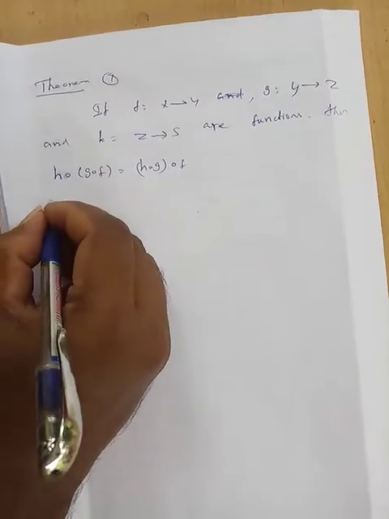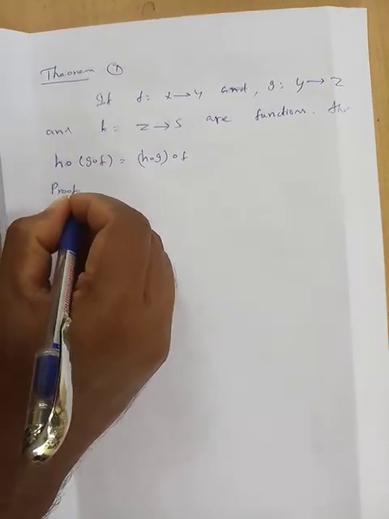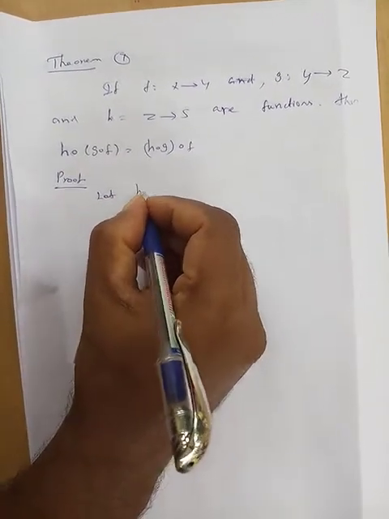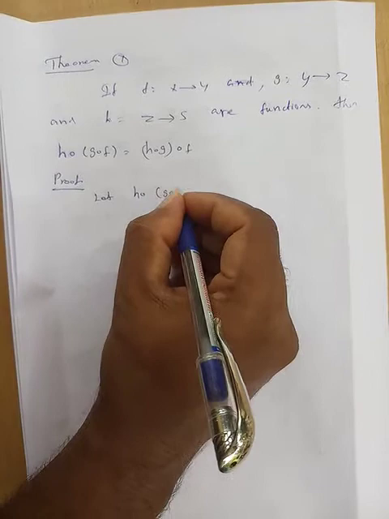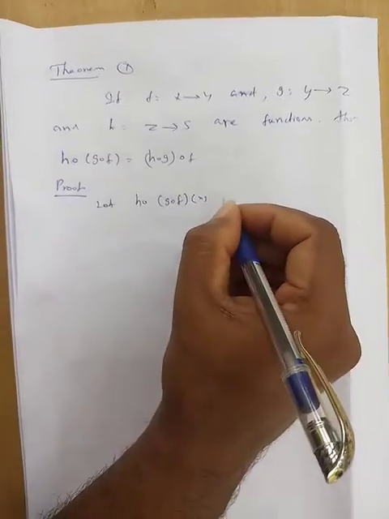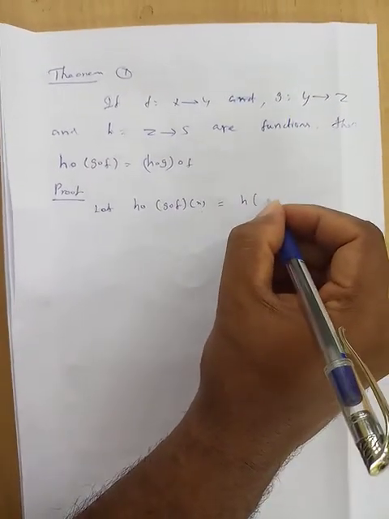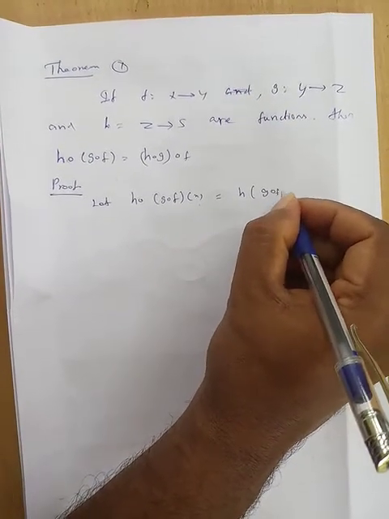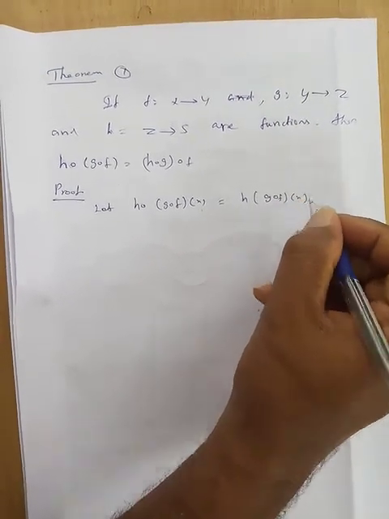Proof. Let (h composition (g composition f))(x) equal h of (g composition f)(x). This is equal to h of g of f of x, for all x belongs to X. And ((h composition g) composition f)(x) is equal to (h composition g) of f of x.